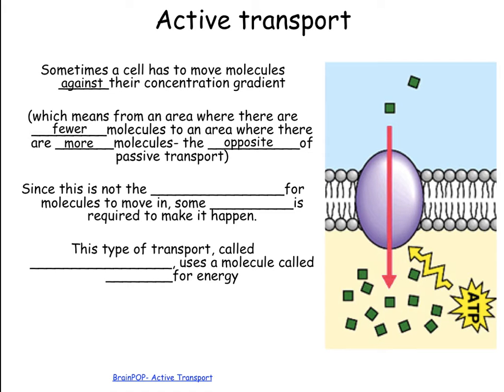There are more solute molecules inside than outside, so the direction of the concentration gradient looks like this. In this situation, the solute molecules would naturally want to move this way, with their concentration gradient.